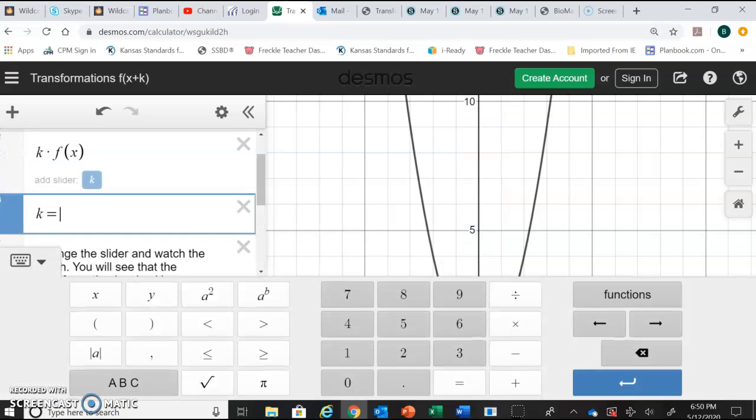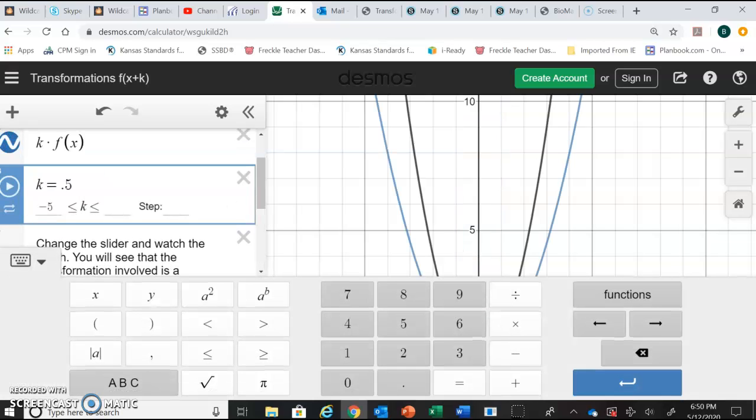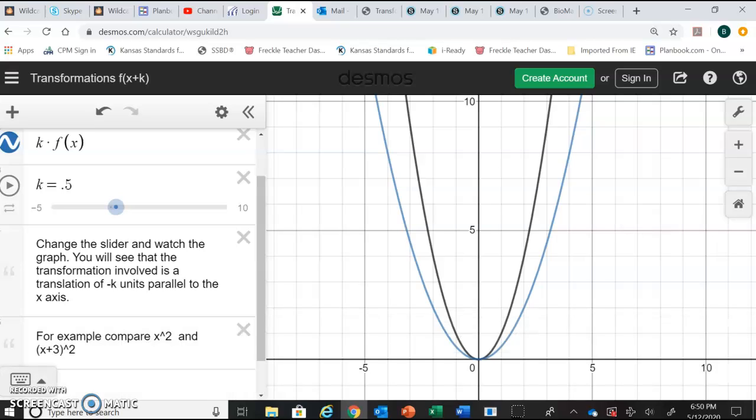When numbers are between 0 and 1, you're going to notice it goes up slower. So when the value of k is between 0 and 1, it's called a shrink. It's basically like you took your graph and you pushed it down just a little bit and widened it out. So if the value of k is greater than 1, it's called a stretch. If the value of k is between 0 and 1, it's called a shrink.